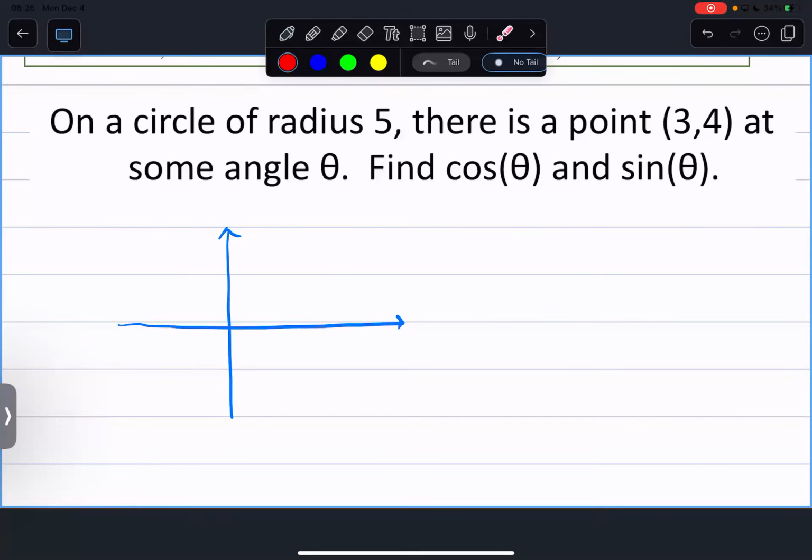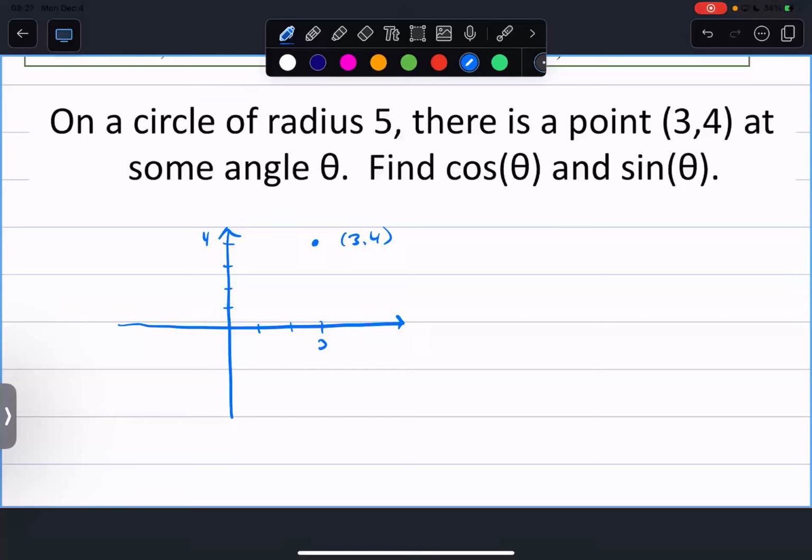And if I want to find 3, 4, then I've got 1, 2, 3 on my fake scale, and 1, 2, 3, 4. It's not to scale, obviously. But just to get an idea of what I'm expecting for my angle.